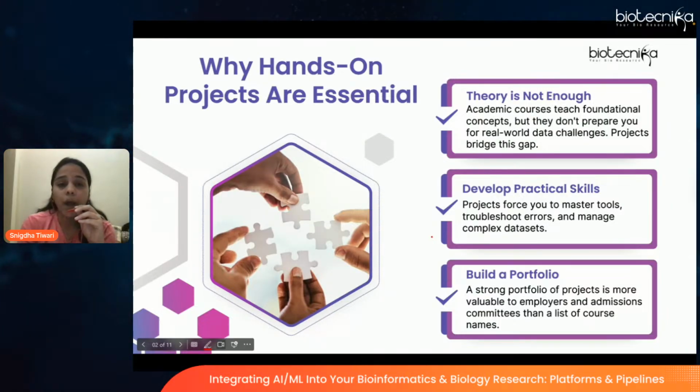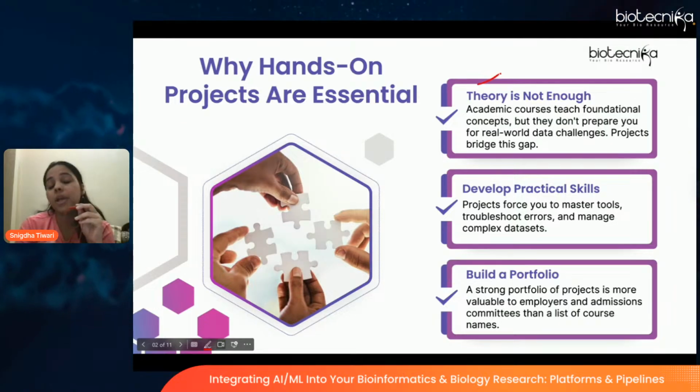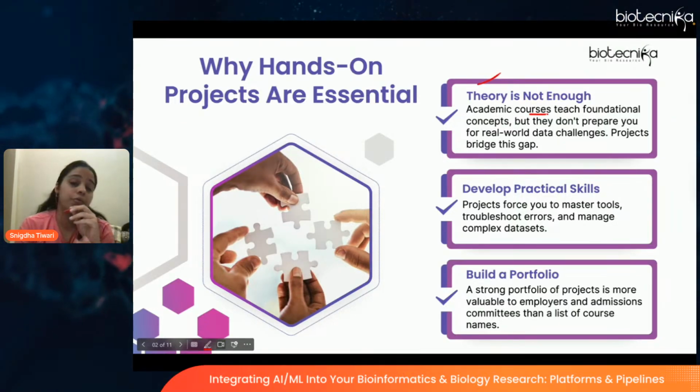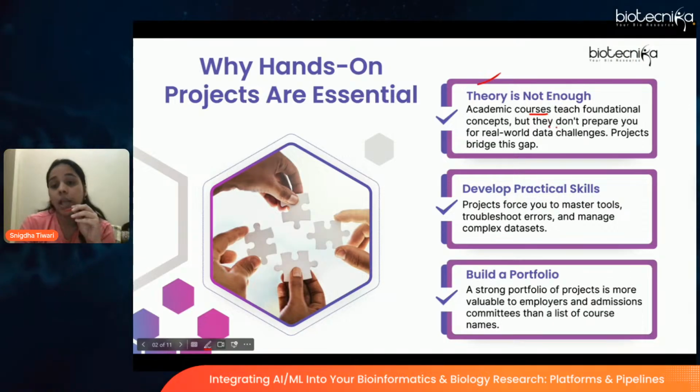So why are hands-on projects so essential? Hands-on work is essential for developing a portfolio. Theory is not enough. Academic courses teach foundational concepts, of course, but they don't actually prepare you for real world data challenges, right?